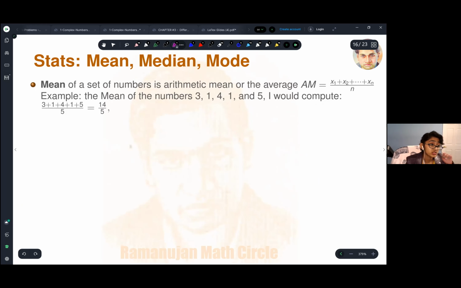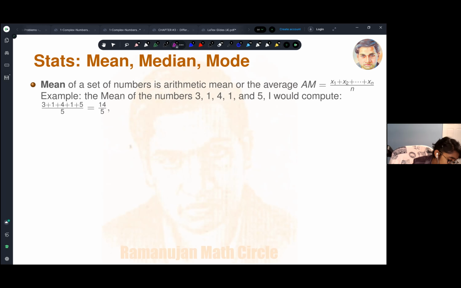Now we're going to go into stats. Mean, median, and mode are the three things that you kind of need to know for AMC8. So mean is basically an average. It's also known as arithmetic mean. Basically you add the numbers and then you divide by the total number of numbers.